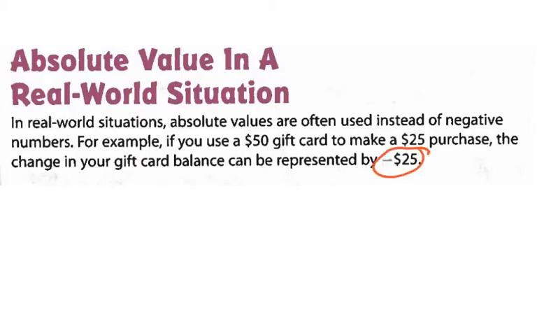Because you spent $25. But you don't say, I just spent -$25. What you say is, I made a $25 purchase, or I spent $25. That word spent indicates negative, right?